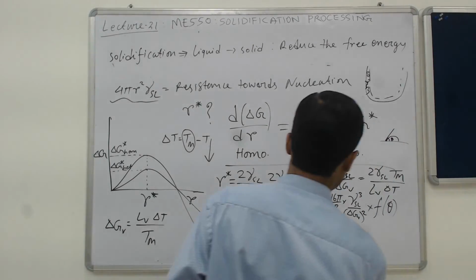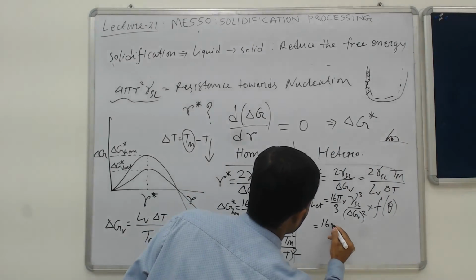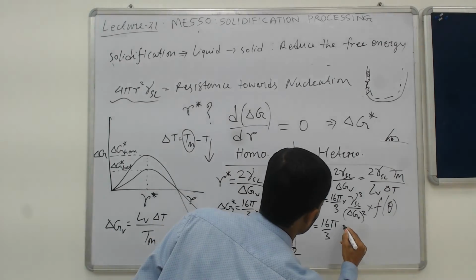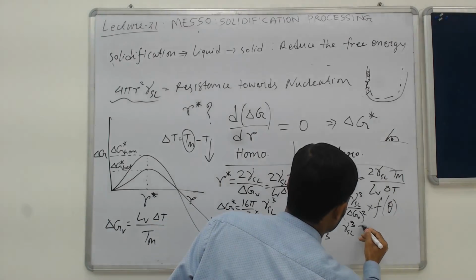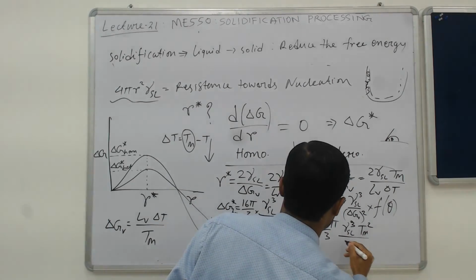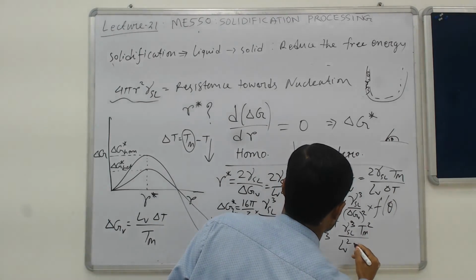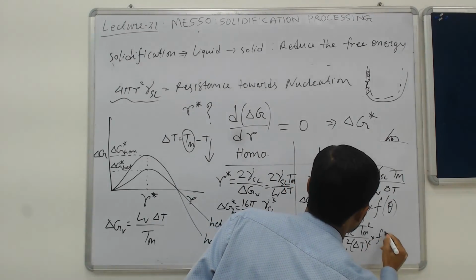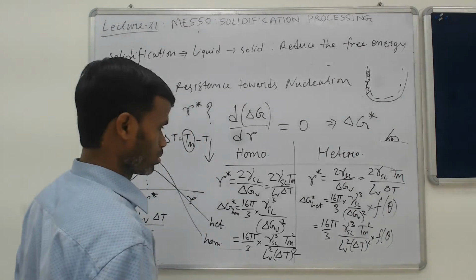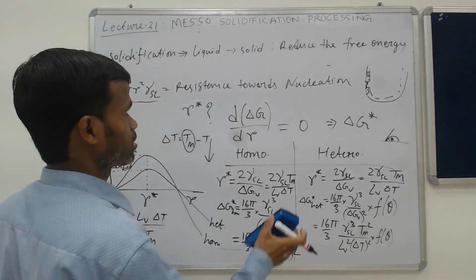So we can further write it like this: 16 pi by 3 gamma SL cube, Tm square by LV square delta T square, into f theta.